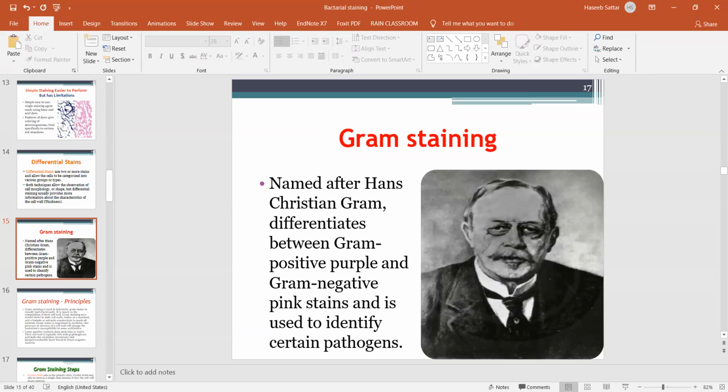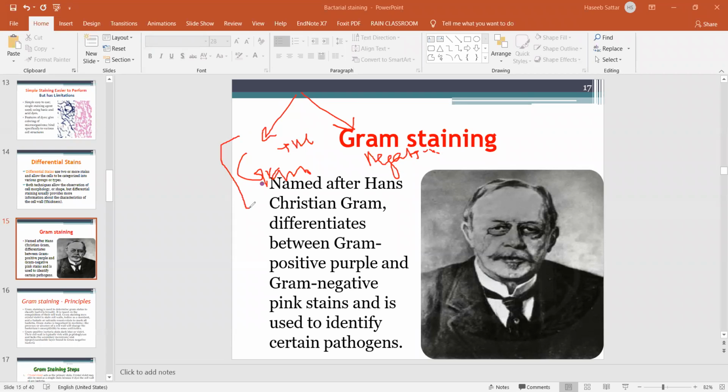According to this gram staining, bacteria are classified into two types. Due to this staining method, we can divide the bacteria into two groups: gram positive and gram negative. Gram positive means those bacteria which retain the gram stain.